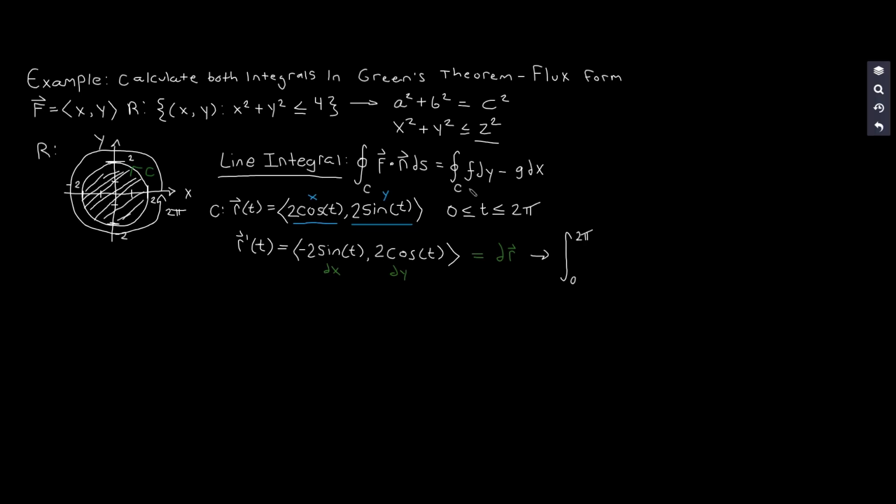F is the same thing as x, so I'll say x dy, and minus g is the same thing as y, so y dx. And this is true since f equals x and g equals y.